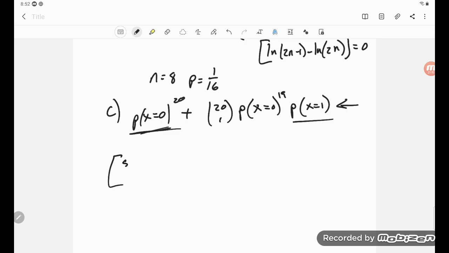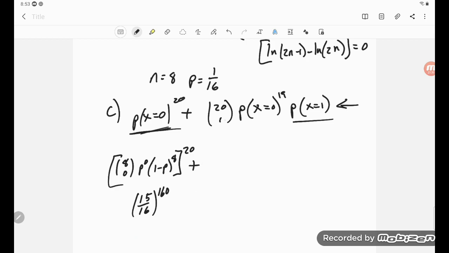N is 8, so this is 8 choose 0, p to the 0, or 1/16, and then 1 minus p to the 8th, but then that is all to the 20th. And so that reduces to 15 over 16 to the 160.